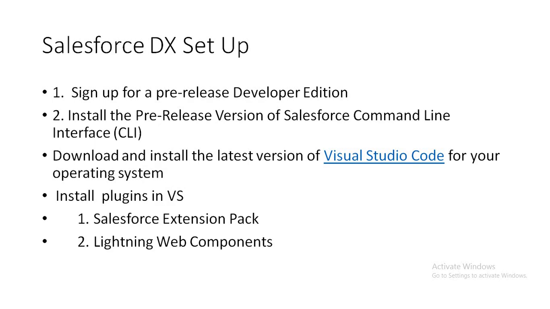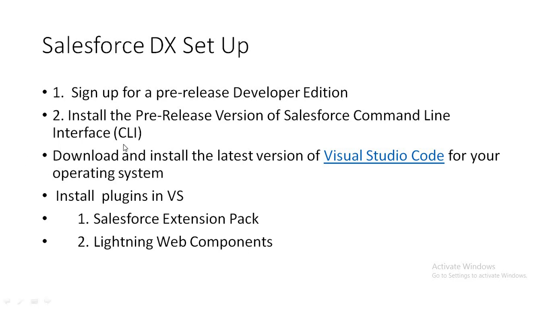So how can we set up Salesforce DX? First we need a developer org, and in that developer org you have to enable the DevHub setting so that you can create scratch orgs. And as I told you, we need the Salesforce command line interface, which synchronizes between your developer org and your editor.